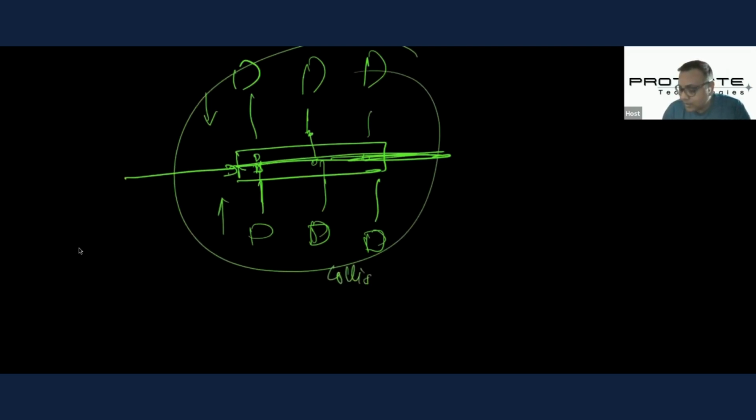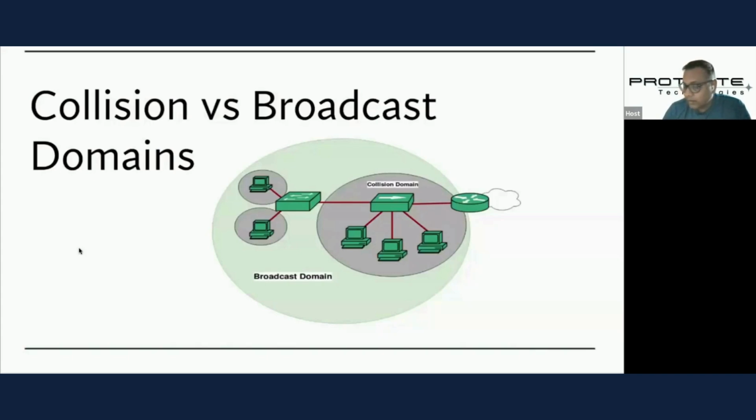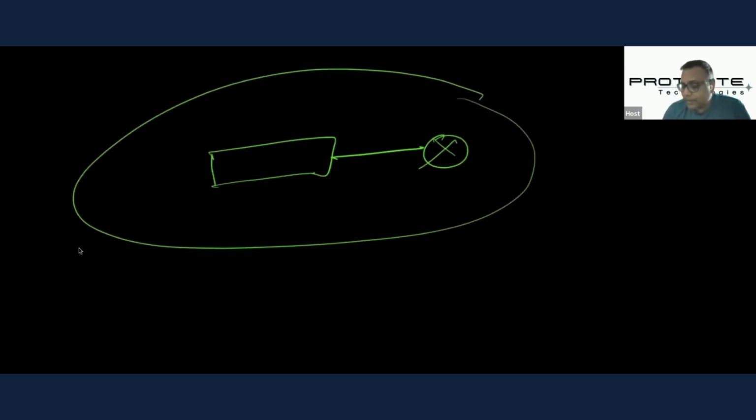A switch is a collision domain, because in a switch you can transmit anytime. If there is a collision, then the network halts you for some time and again resumes transmission. Whereas if there's a switch and ahead of it you put a router, then it becomes a broadcast domain.